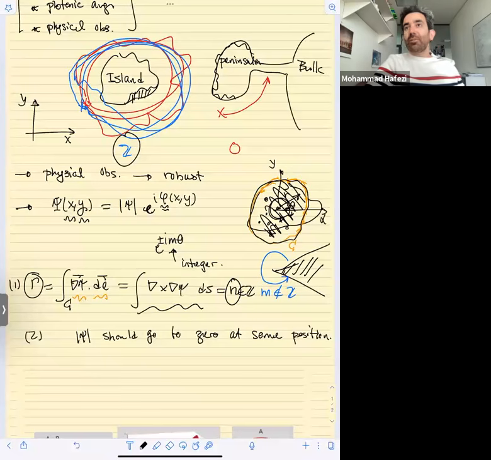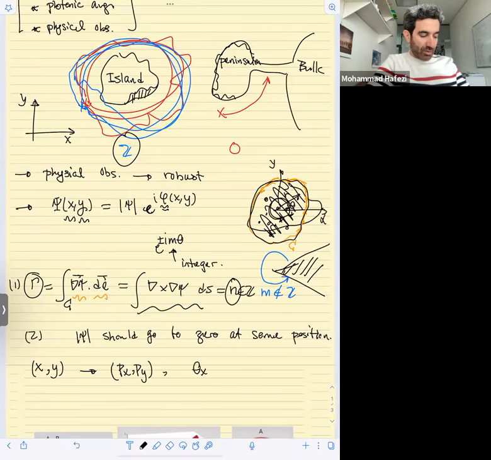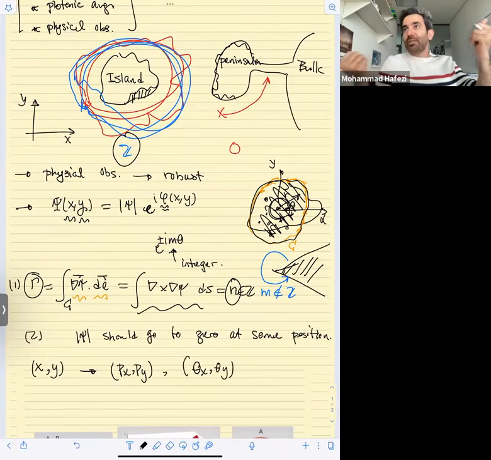But this idea can be generalized to any parameter or any space. So now instead of x and y, you can have px and py. Now these are, let's say, momentum in the Brillouin zone for a two-dimensional system, or some general parameter theta x and theta y. It doesn't have to be a real space dimension.